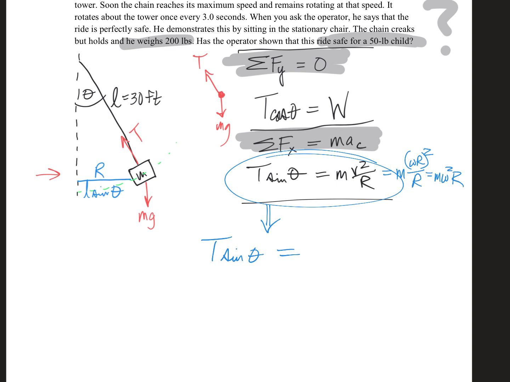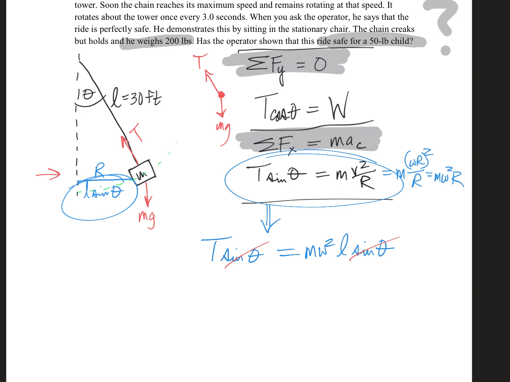So I'm going to put, and r is L sine theta. So that means I could have m omega squared L sine theta. There are some nice things about this. For one, I don't need the sine theta anymore.